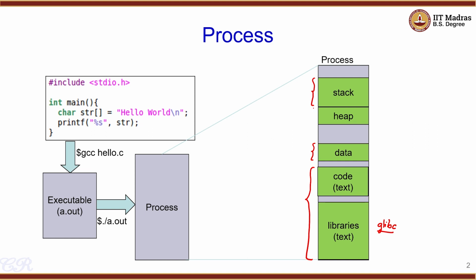Now, if your program uses malloc or dynamic allocation, then your process also has a section known as the heap. So all of this, the code, libraries, data, stack, and heap, should be present as part of your memory, the DRAM.